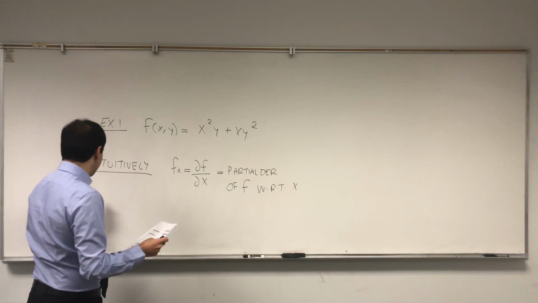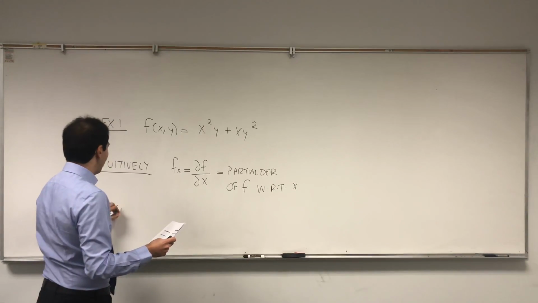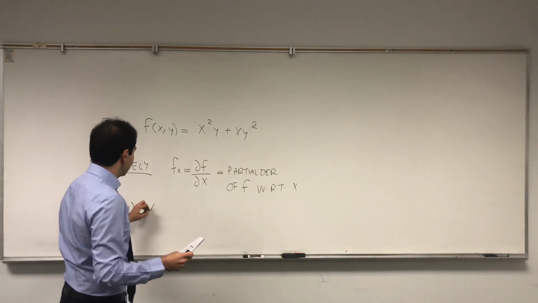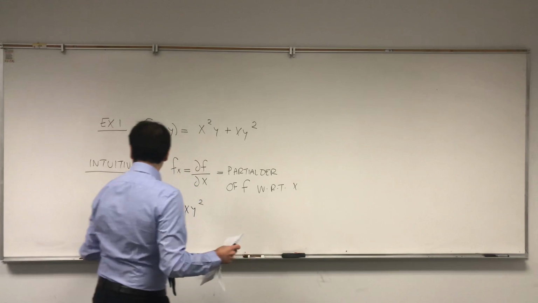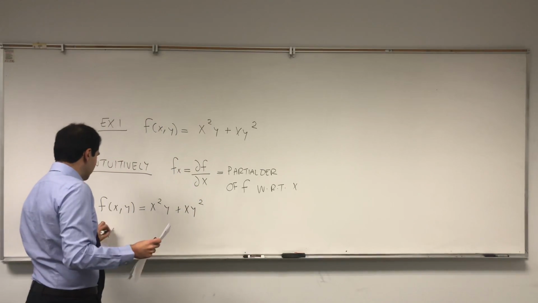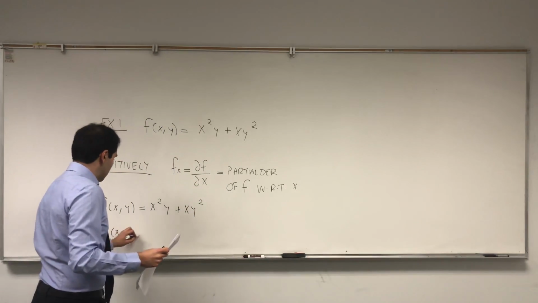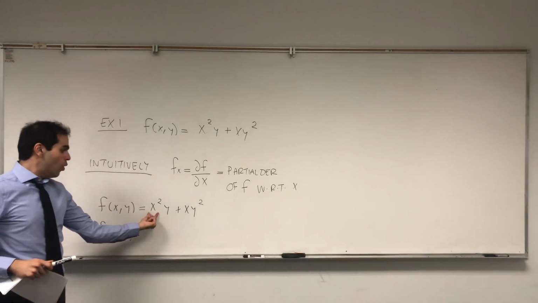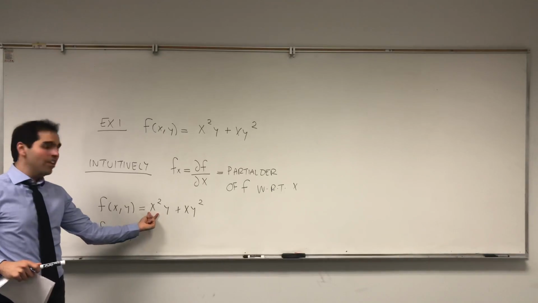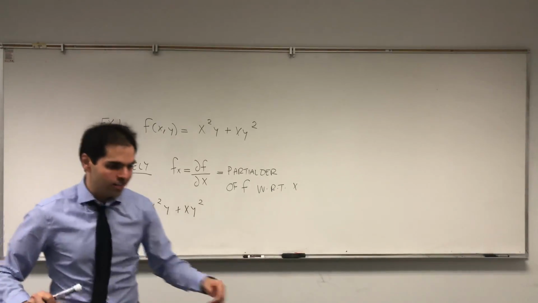So for instance here, again we have f of x y is x squared y plus x y squared. And what is f_x here in this case? What this means in this expression, you only differentiate x squared and y becomes a constant.